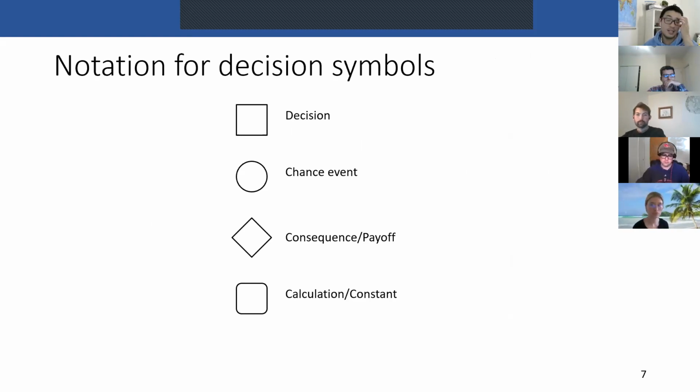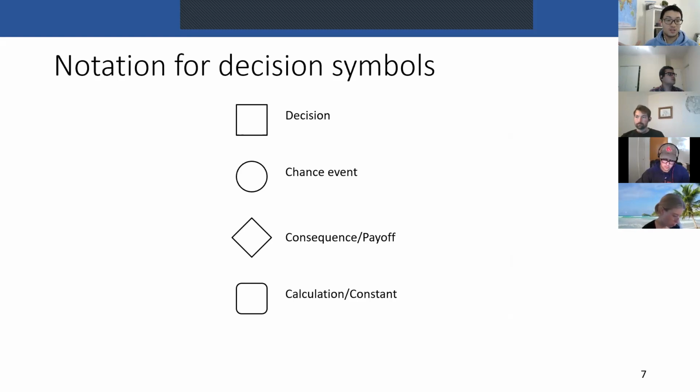This notation is pretty important for figuring out both how to structure the problem, but also how to solve it. The squares are usually notated as decision events, which means you get to decide which outcome coming out of the decision node to choose.